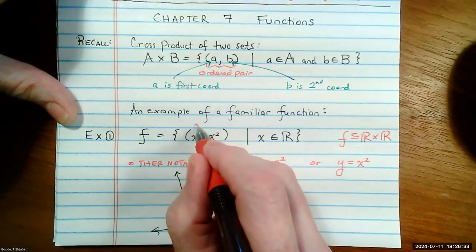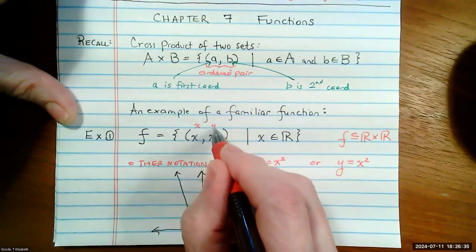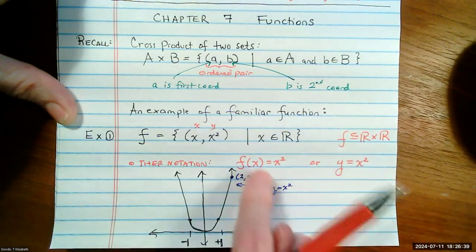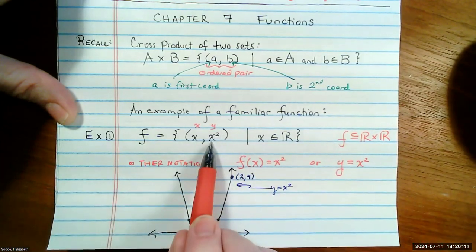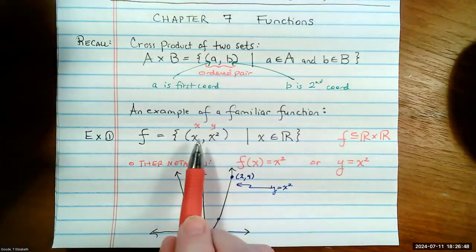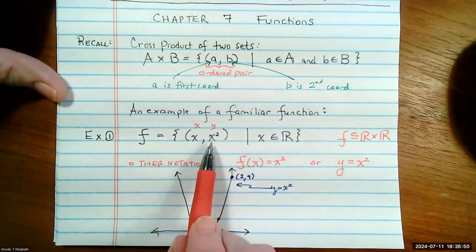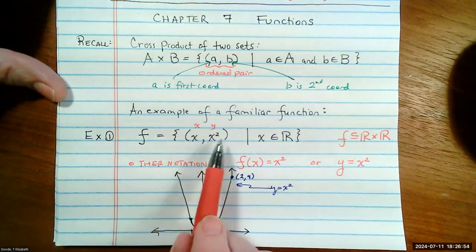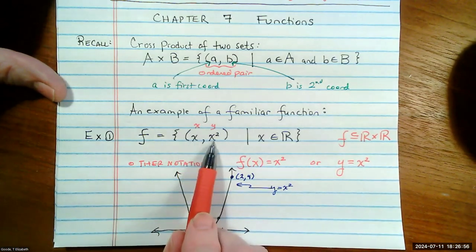We think of the first coordinate as the x coordinate and the second coordinate as the y coordinate. Look, y is f of x. X squared is y. That is the function value at x. X is the independent variable. Y depends on x. Depending upon what x is, y will take on particular values, the square of x.